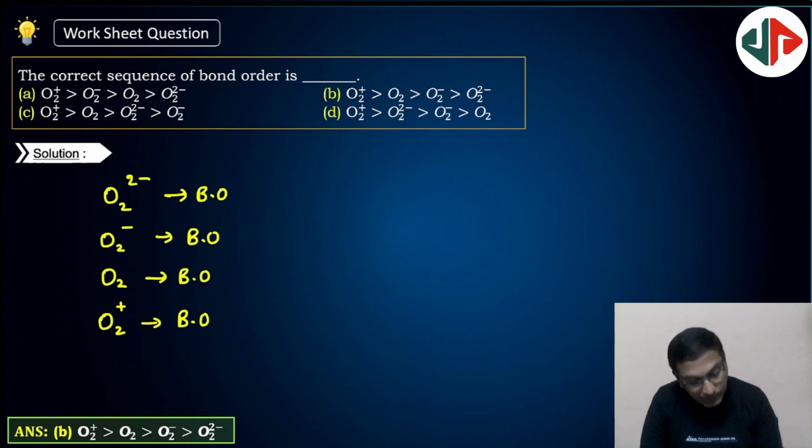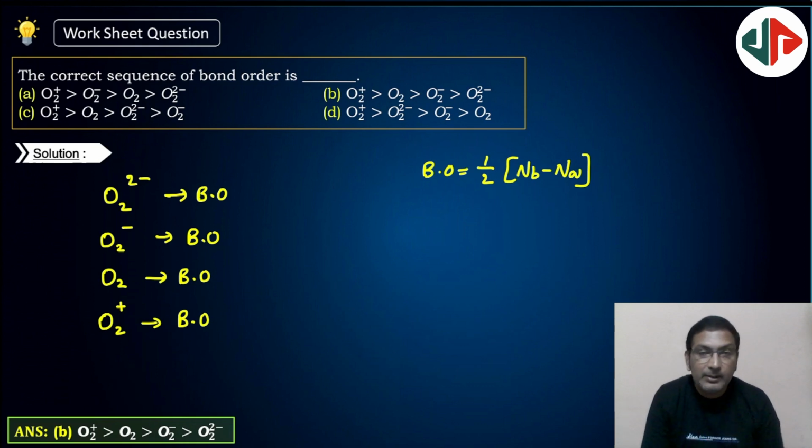How to calculate bond order? Half into number of bonding electrons minus number of anti-bonding electrons. So from this we can calculate O2 2 minus will be equal to 1 and here 1.5 bond order, O2 2 and here 2.5.